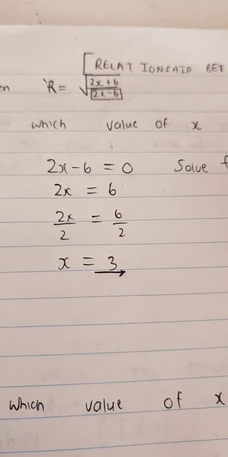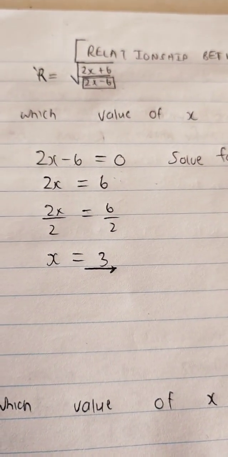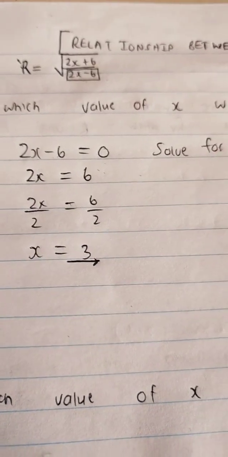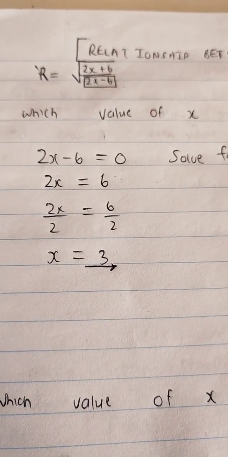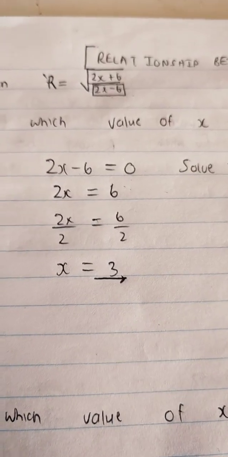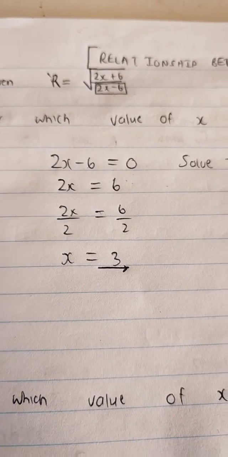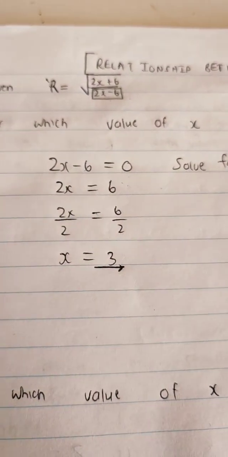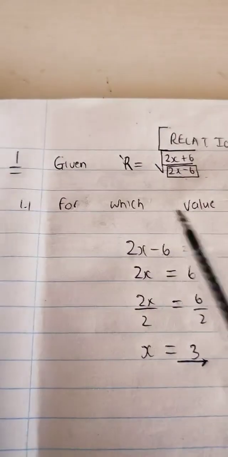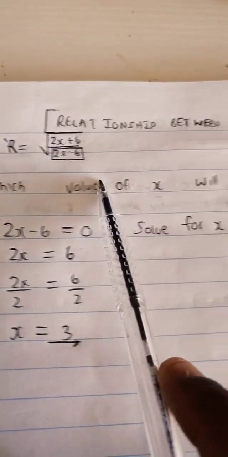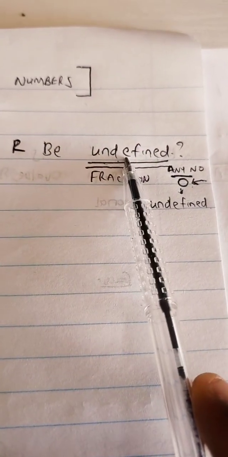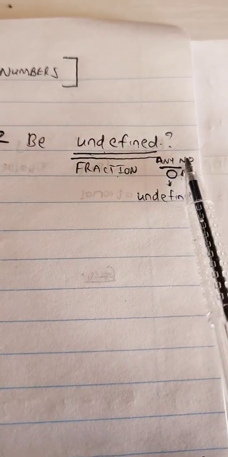All right. So yes, grade 10s, but not just for grade 10. This is important for grade 11s and grade 12s, because I've found that grade 10s, 11s, and 12s don't really get the concept of undefined. Undefined means that any number divided by 0 is what we refer to as undefined.